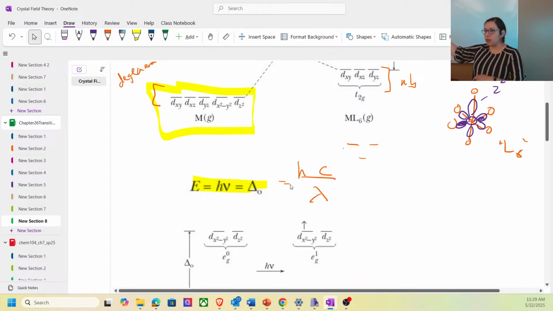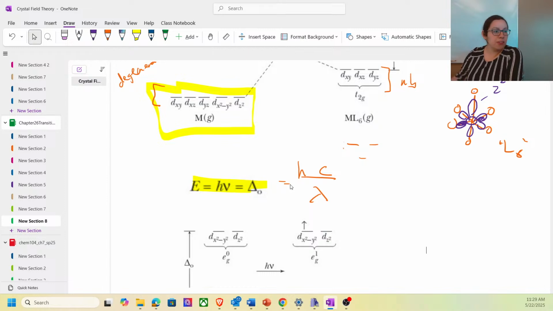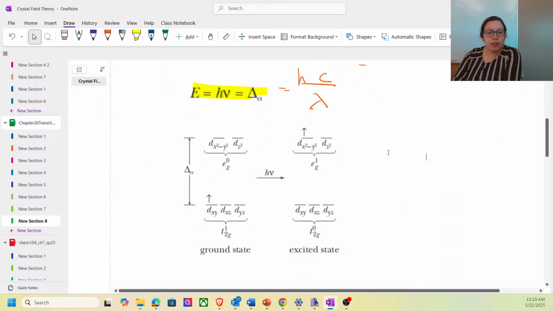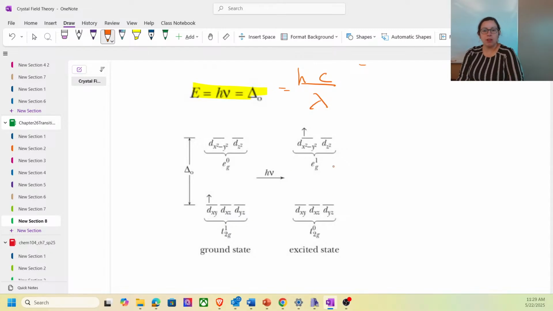And again, you can measure this with spectroscopy. You can get the wavelength, calculate the energy, and then you can talk all about the splitting field energy. And so then, same sort of thing: going back to our basic concept, we add energy, electrons get promoted, and then we see a pretty color. That's all we're being shown here.